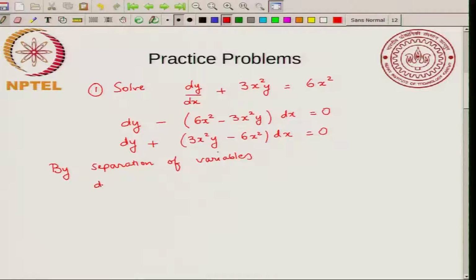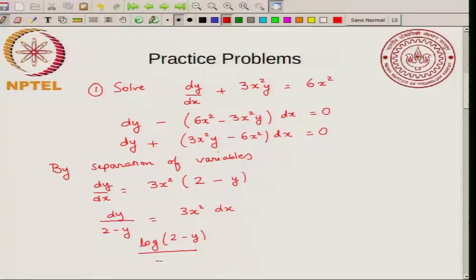You would write dy by dx is equal to 3 x square times 2 minus y, and therefore you would write dy by 2 minus y is equal to 3 x square dx, and if you integrate both sides you will get log of 2 minus y divided by minus 1, equal to x cube plus constant.